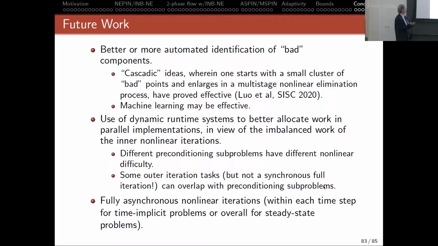There are these cascadic ideas to be pursued that may reduce the cost of the preconditioning steps. I put that bullet in because you have to mention the words machine learning in any talk now. I don't have any good ideas, but there will be ways, within a class of problems that a user is familiar with, of getting better heuristics, I'm sure.